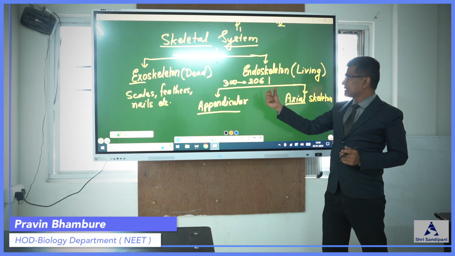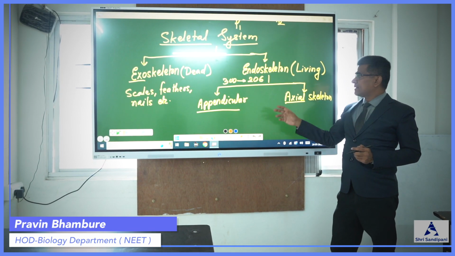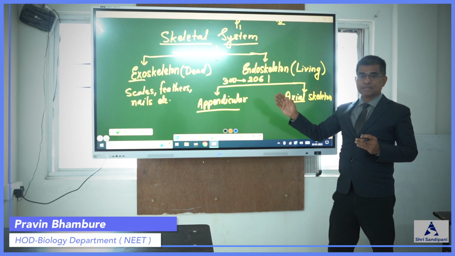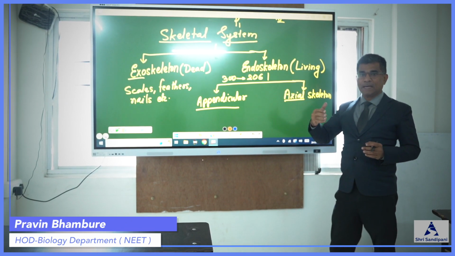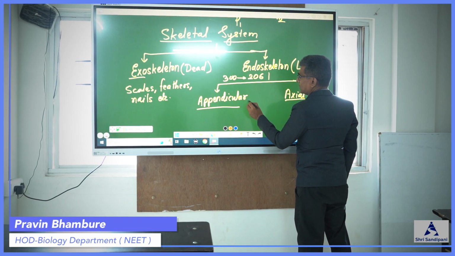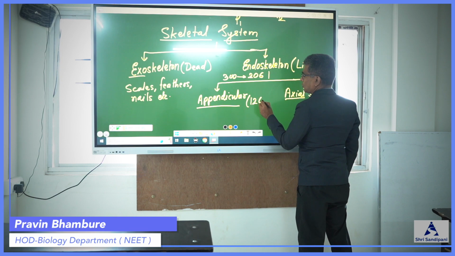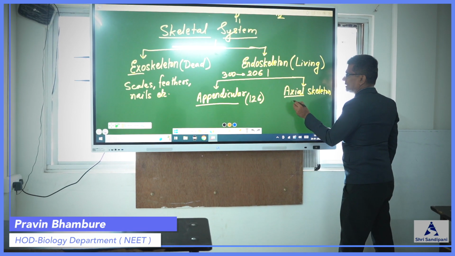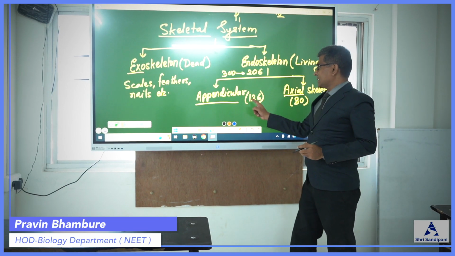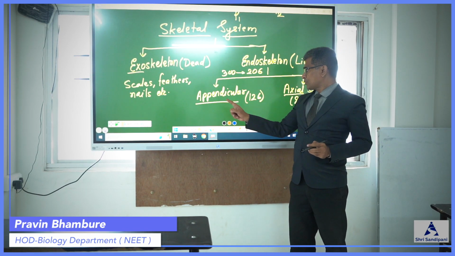Now, if 206 bones are there in our body, how can we study them? And this part of study is again very important when you will be entering into MBBS. So in appendicular, you have to remember there are about 126 bones, and in axial there are 80 bones. So there is a trick. I have made one trick to remember.